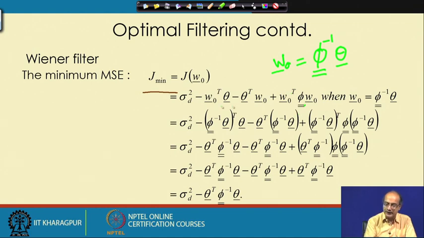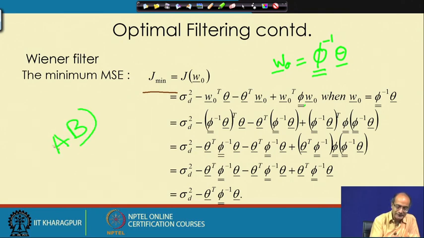Okay. So, with that, as we replace W 0 in the 3rd line with this value, we make use of the fact that if we have 2 matrices A and B transposed, the result would be B transposed A transposed.